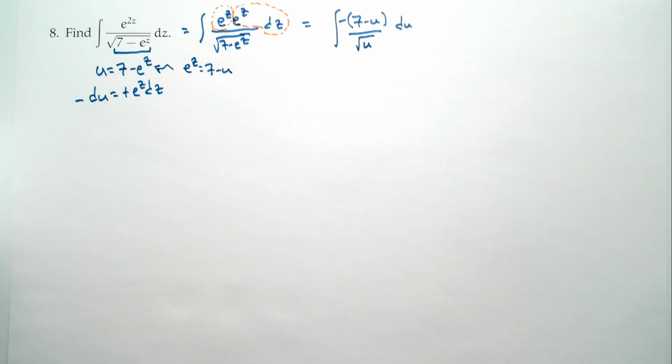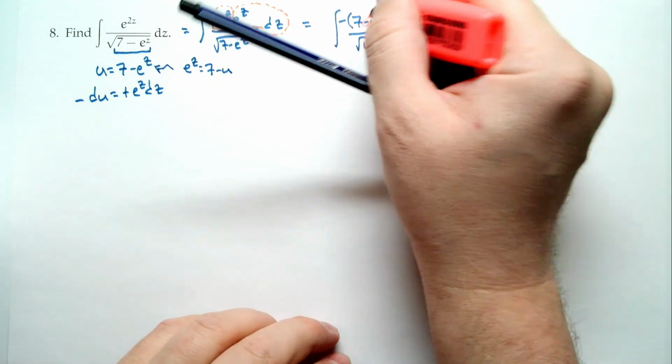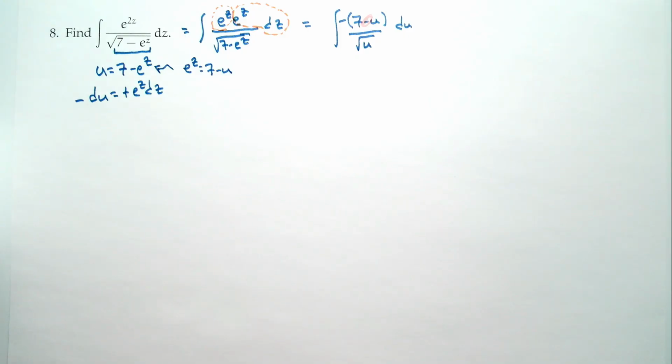Now, you might say, not a lot has changed. We've gotten rid of the e to the z's, and we've gotten rid of that minus inside the square root. And you're right. Like I said, it's better. It's still not perfect yet, but the good news is, where's the minus? The minus is here. And that's a good place for it to be.